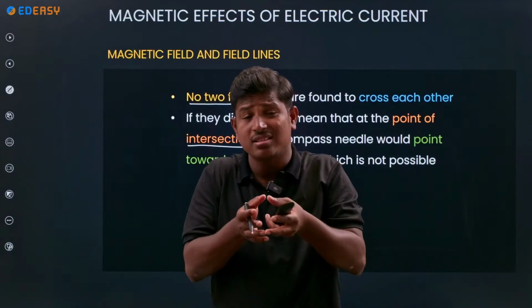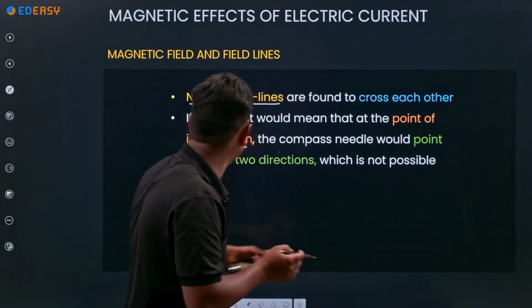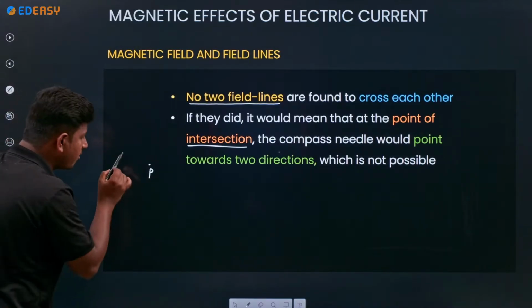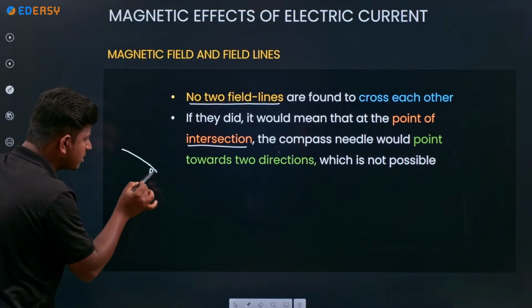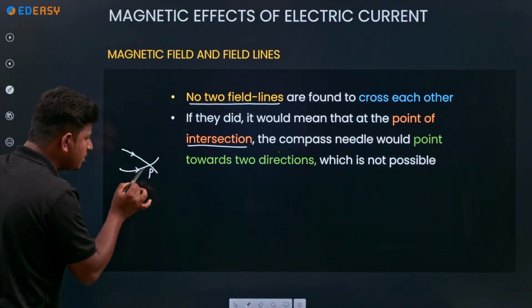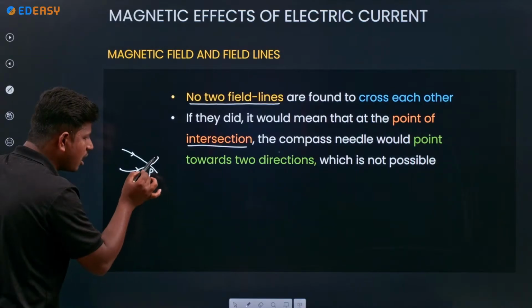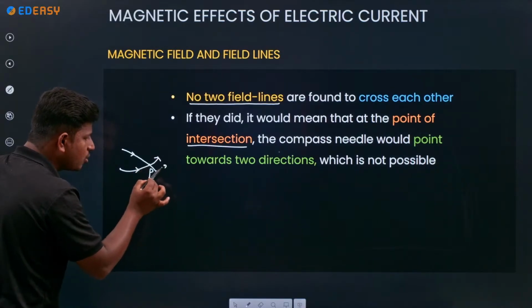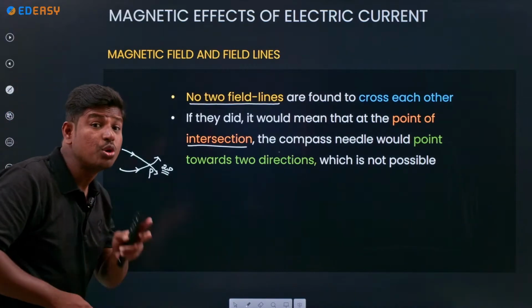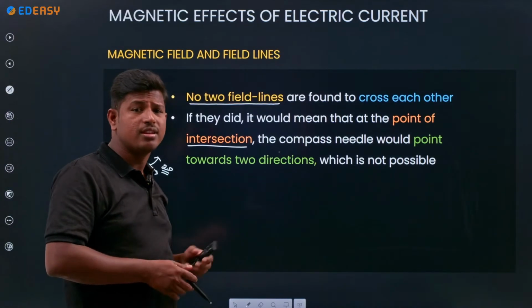If these field lines intersect, let us take a point P. One line is coming like this, another line is coming like this. If these two intersect at this point, how will the directions be? Two directions at that particular point. Is it possible?